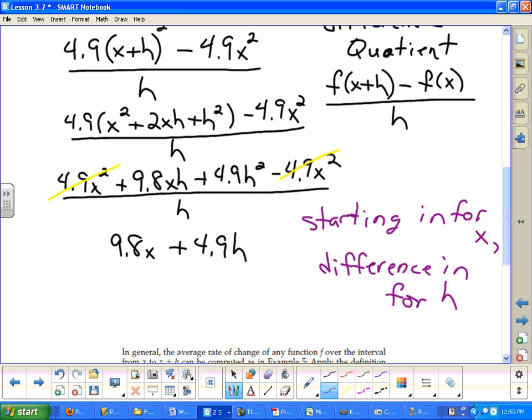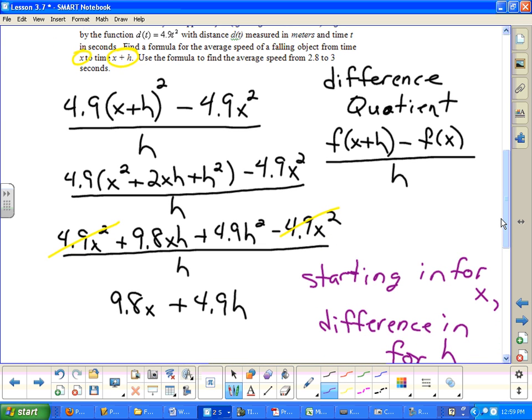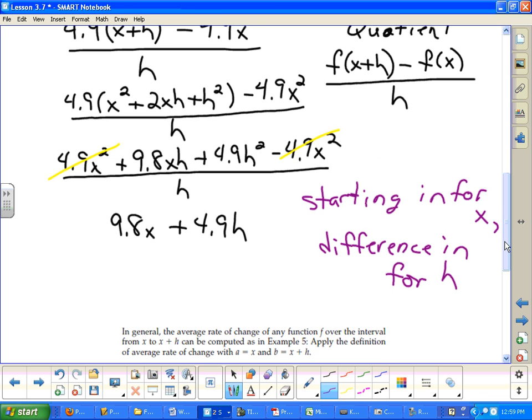It says they want us to find the average speed from 2.8 to 3 seconds. So I'm going to put 2.8 in for x and the difference in for h. What's the difference between 2.8 and 3? 0.2. And I'll put 0.2 in here.